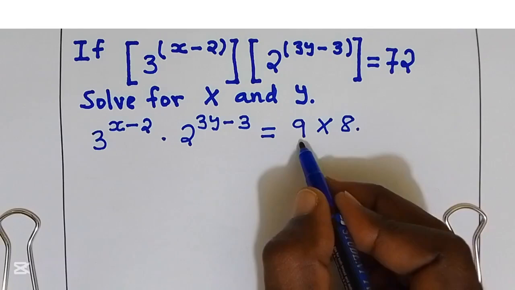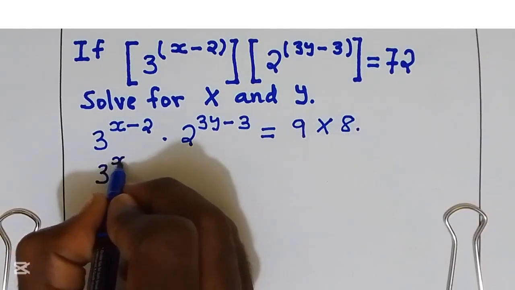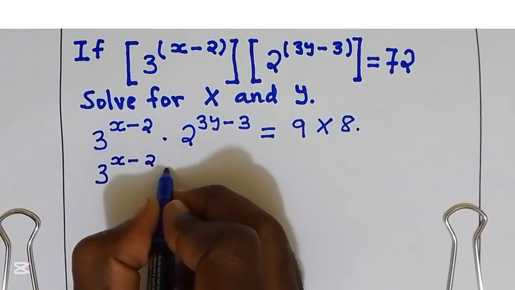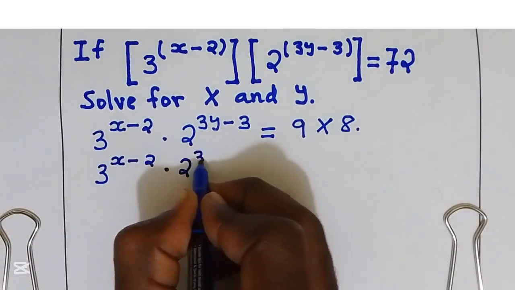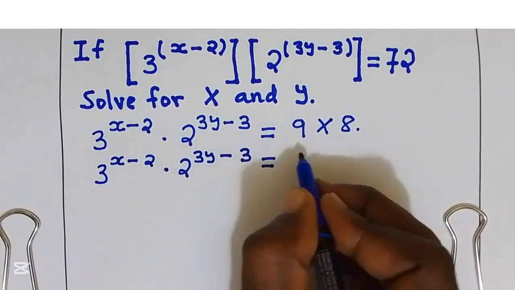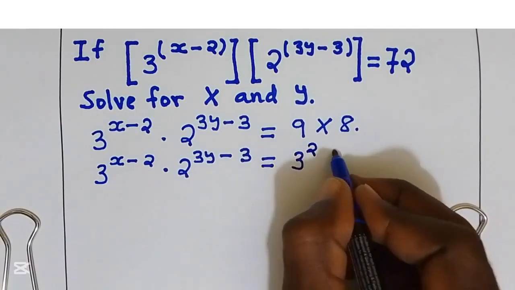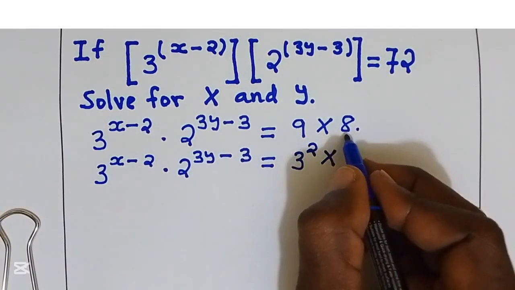I'm going to put 9 and 8 into power form. 3 power x minus 2 multiplied by 2 power 3y minus 3 is equal to 9, which is the same as 3 power 2, multiplied by 8, which is the same as 2 power 3.